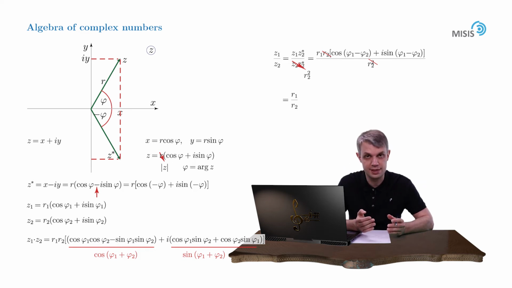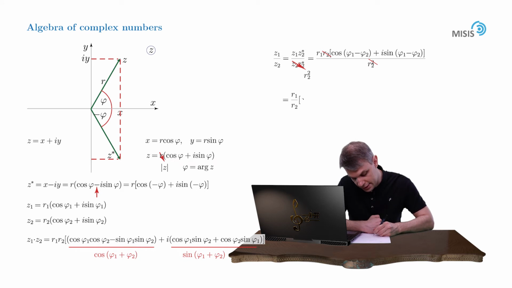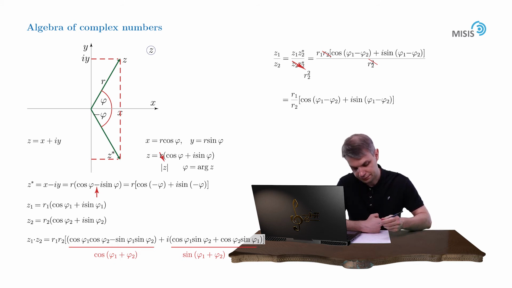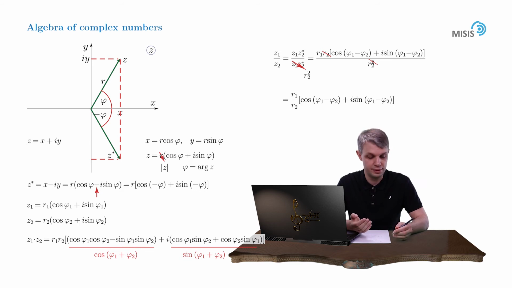We see that its modulus is obtained via the division of the moduli of its constituents, while its argument is obtained as a subtraction of respective arguments. And now we conclude that when we divide two complex numbers, the moduli are divided while the arguments are subtracted.